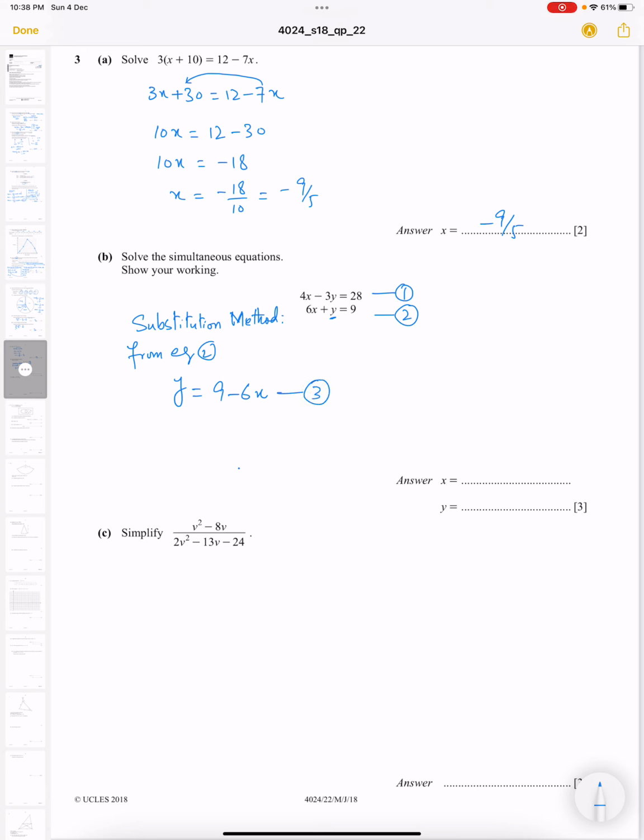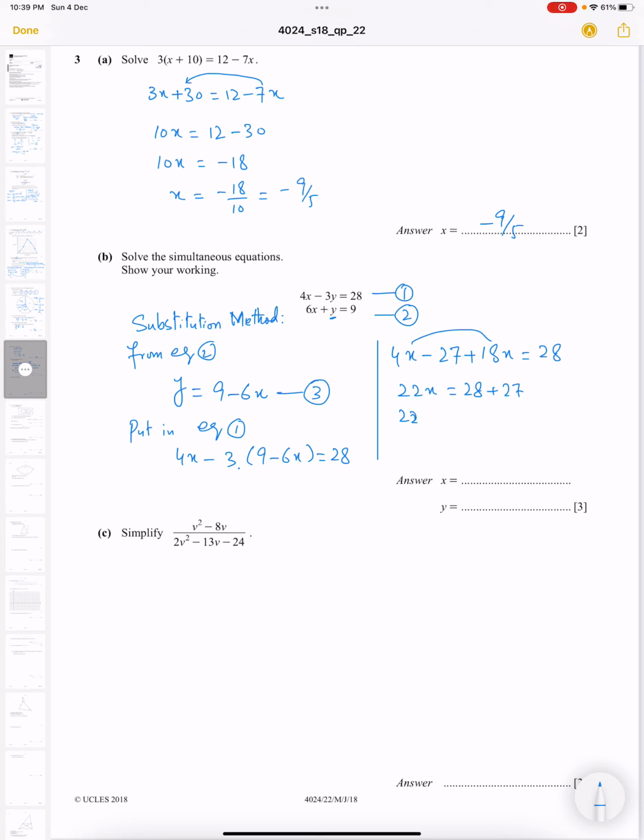Substitute this value of y in equation 1. Put in equation 1, and we get 4x minus 3 into 9 minus 6x is equal to 28. Simplifying it, we get 4x minus 27 plus 18x is equal to 28. 4x plus 18x makes 22x is equal to 28 plus 27.